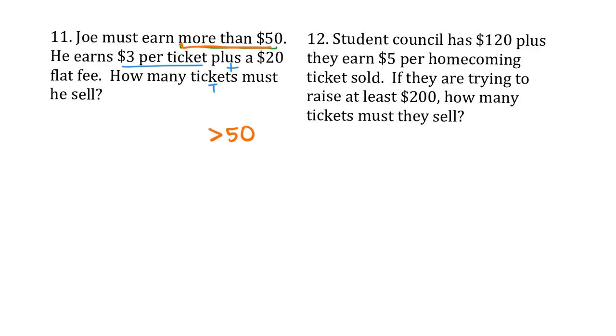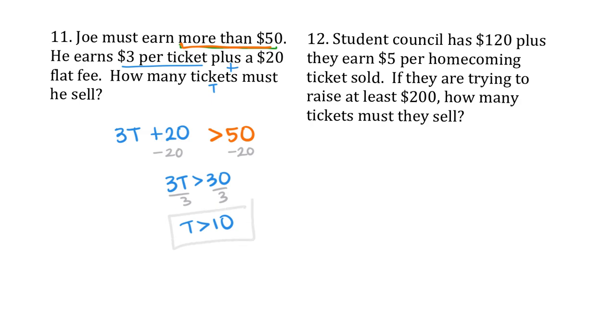So I'm going to pick T for tickets. So $3 per ticket plus $20 flat fee. $3 per ticket plus $20 more than 50. I think that works. Let's try it. So tickets are greater than 10. So he's got to sell more than 10 tickets.